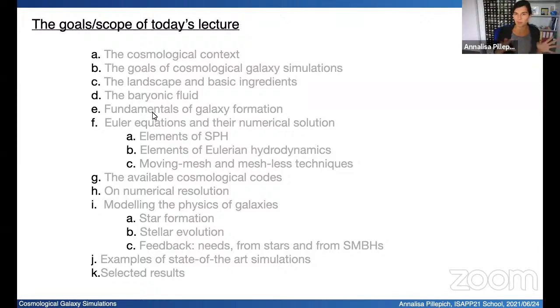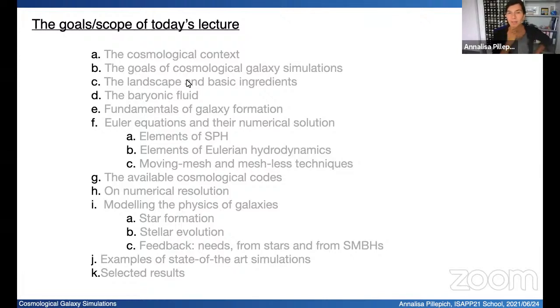Since I expect most of you are physicists, I will give you a very brief, quick context on cosmology and galaxies, and the goals of cosmological galaxy simulations, the basic ingredients and the landscape of state-of-the-art cosmological galaxy simulations, and then more into details about the gas fluids, the theoretical foundations of galaxy formation, the numerical solution of the Euler equations, elements of smoothed particle hydrodynamics, Euler hydrodynamics, some mention of moving mesh codes, and some available cosmological codes.